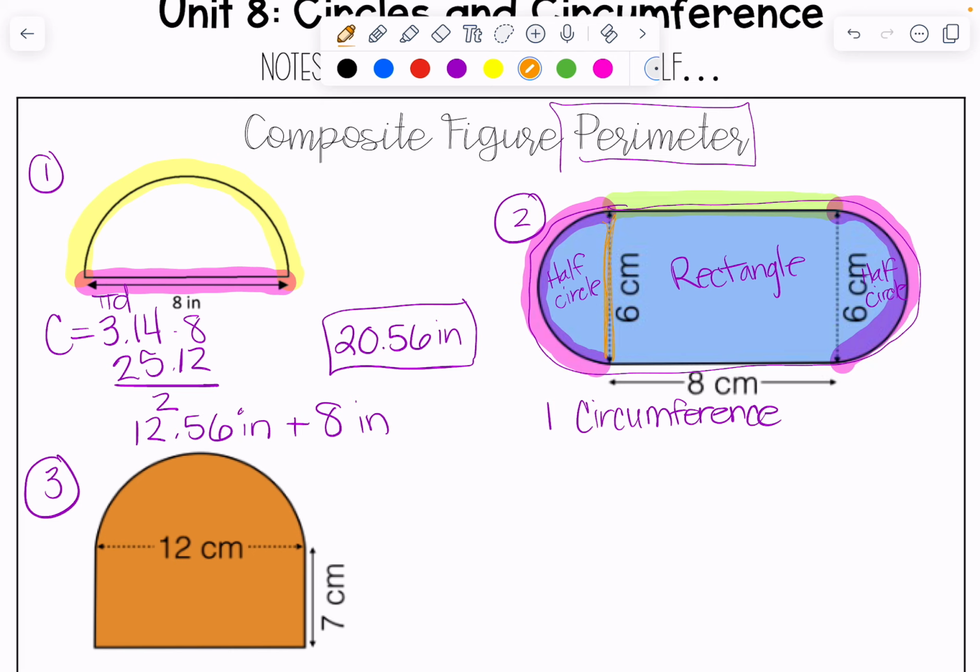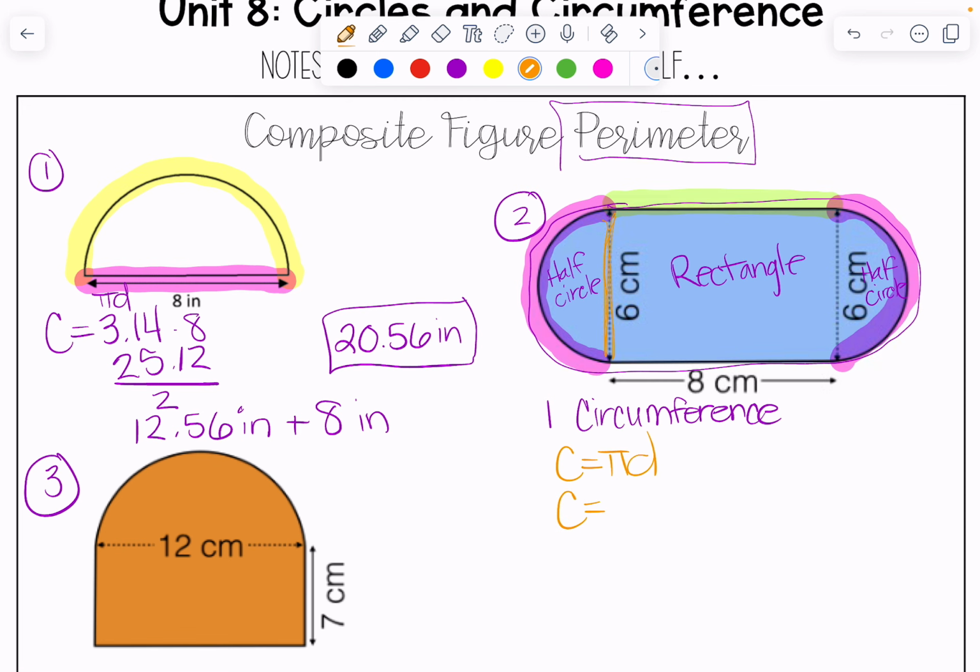So I'm gonna be using my C equals pi d formula. So C is gonna equal 3.14 times my diameter of 6. And so I'm gonna get 18.84. So what that's accounting for right now are just those pink highlighted portions, those curved portions of that shape, okay?